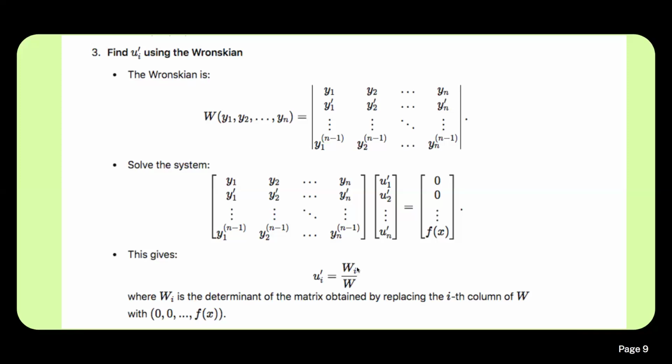Then for w1, we replace the first column. We put the column 0, 0, f(x) here. Then we can use u1 prime equals w1 divided by w. In this way, we can solve for all the ui, okay?